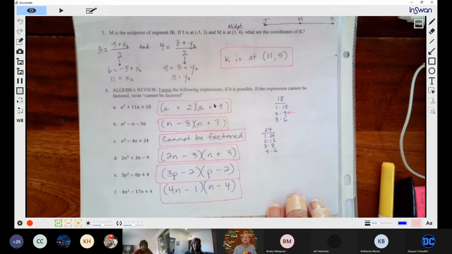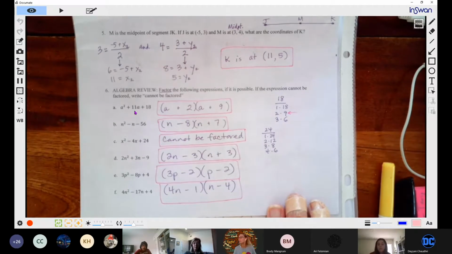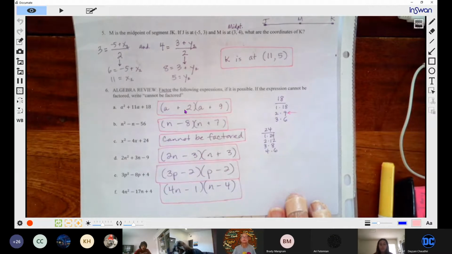Now you don't know if it's 2 times 9, 1 times 18, or 3 times 6. That's why I have the factors here. What you have to figure out is which pair of factors will give you 11 when you combine them. So you also have to think about negative numbers too. But in this case, they were positive, and so 2 and 9 add up to positive 11, so it's plus 2 and plus 9. So this is how they worked out.